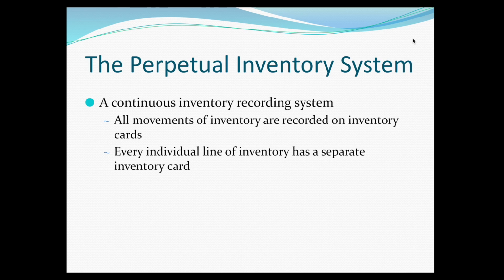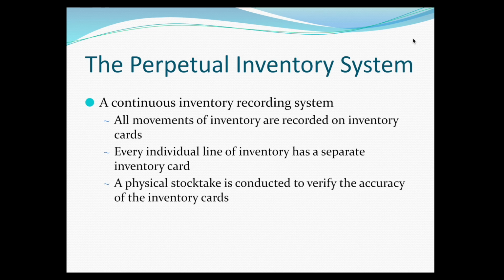They're not part of the same branch, which means each line must have its own separate inventory card. You can't expect a tennis racket to have the same inventory card as a pair of shoes. So for every line of inventory, a business has a separate inventory card.